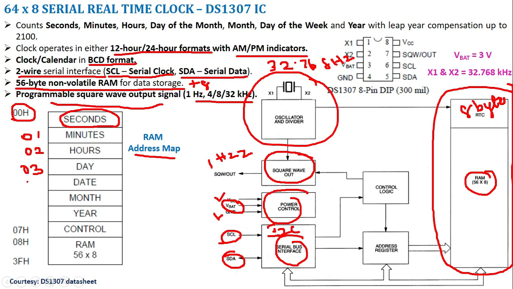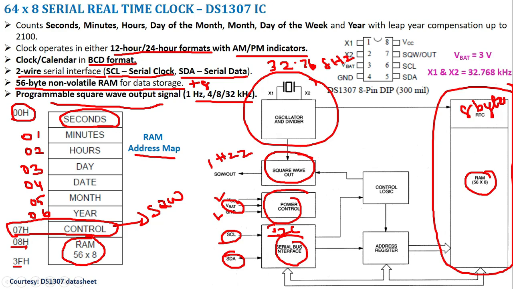In 04 we will have the date information, 05 the month information, 06 the year information, and 07 is for control data. This control information is for square wave generation. And the remaining space from 08 to 3F, 56 bytes, can be used for your data storage.